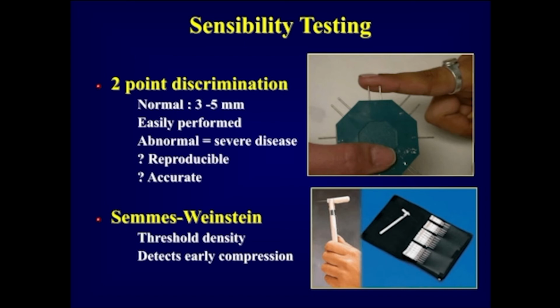However, it's only abnormal when the disease is severe. Semmes-Weinstein testing, which tests threshold rather than density, detects much earlier compression, but it takes much more time to perform. It is certainly more accurate in determining early compression compared to two-point discrimination.